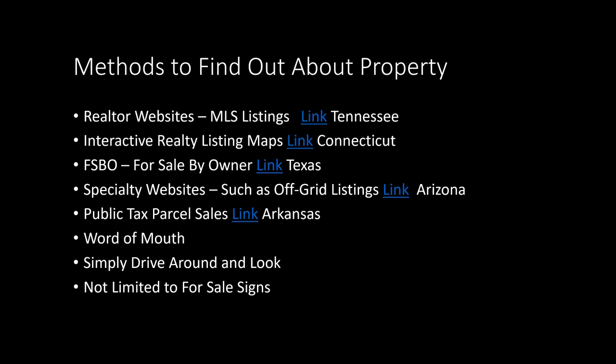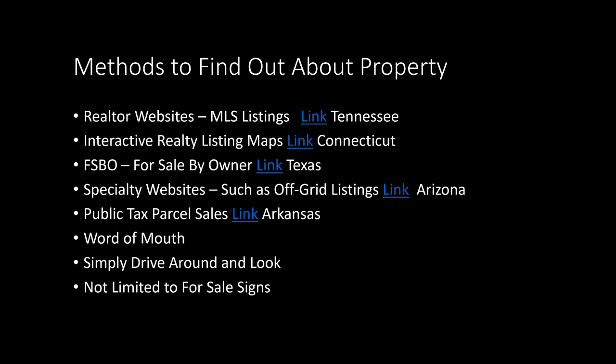Simply drive around and look, and not just at the ones you've identified with the realtor websites, for sale by owner, et cetera. Now you've exhausted all of those, and you're pretty frustrated because you're not finding what you're looking for. But by driving around, look at properties from the lens of: do I like this property? If it was for sale, would it be of interest to me?